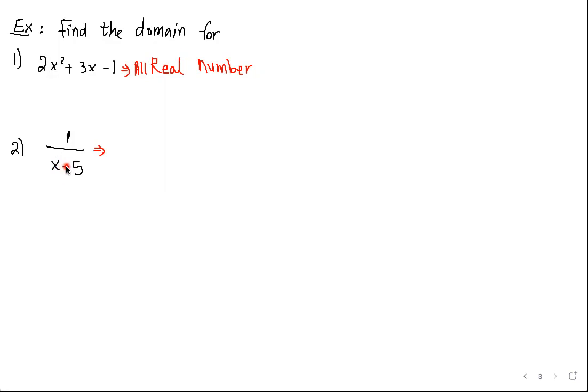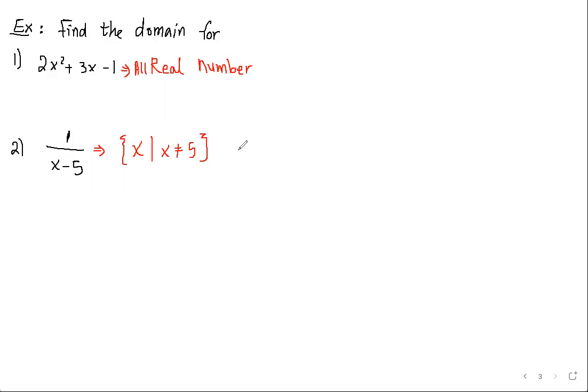Now I look at the numerator. Is it a polynomial? Is it good? Yes, it's 1, so I don't have any problem in the numerator. So what domain can I give for this one? All numbers except the 0 for the denominator, except number 5. So it will be x such that x is not equal to 5.